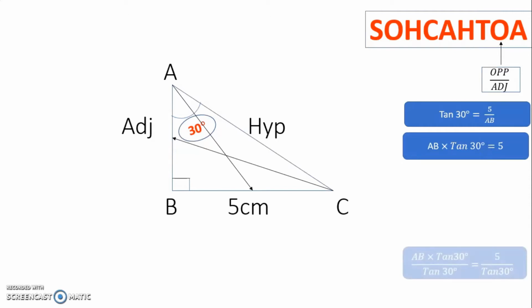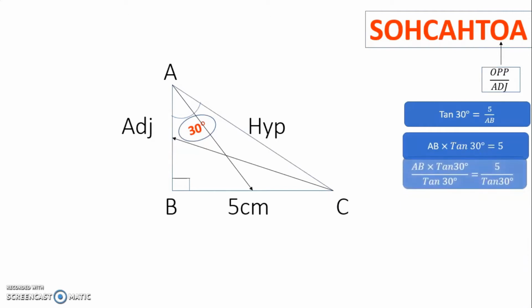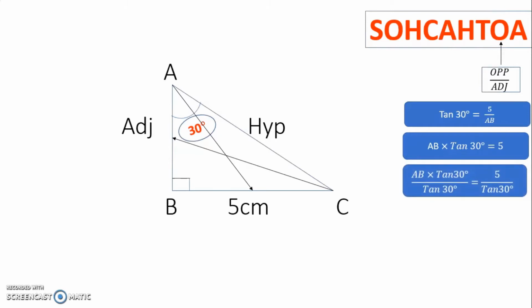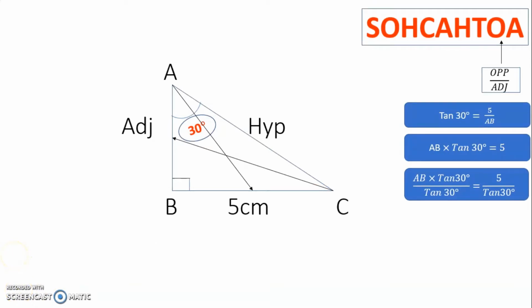We have AB times tan 30 degrees all over tan 30 degrees equal to 5 over tan 30 degrees. If you type in 5 over tan 30 degrees in your calculator, the answer you get will be AB equal to 8.7 centimeters in 1 decimal place.